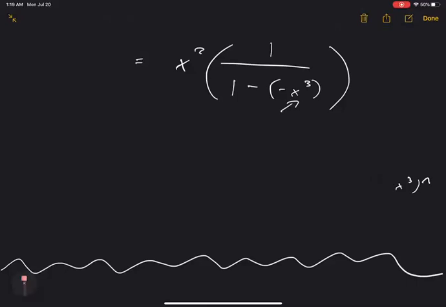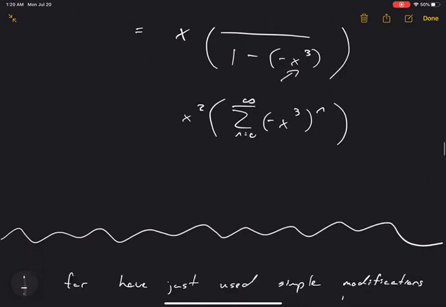So this power series in parentheses should be the sum of negative x cubed to the power n from 0 to infinity. Then I have x squared out front. And now we need to simplify and bring the x squared inside.